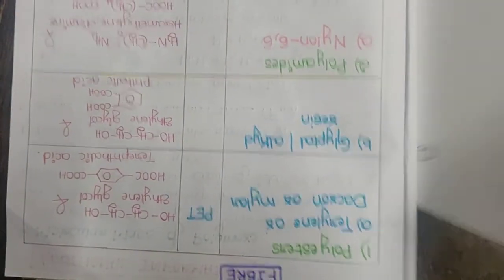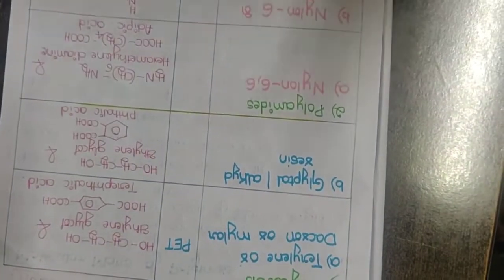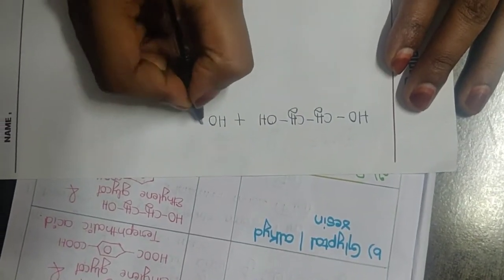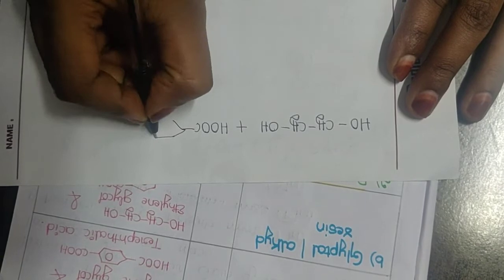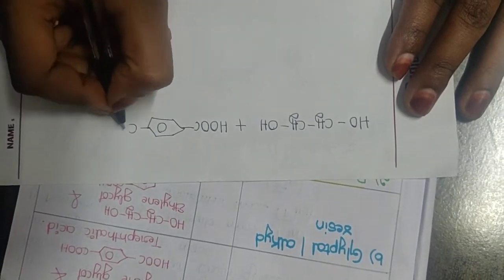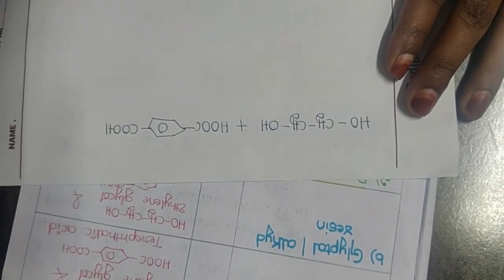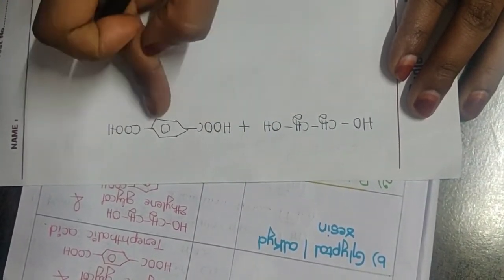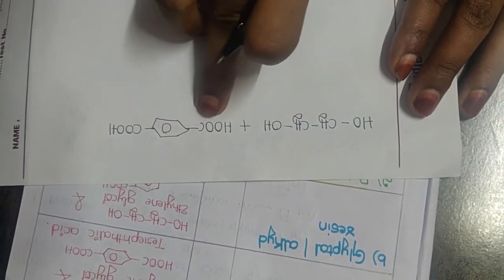So how does the condensation polymerization happen? Let us look here. Take ethylene glycol. What is ethylene glycol? You have two OH groups, CH2OH, CH2OH. Then we have terephthalic acid. Terephthalic acid is nothing but benzene with two carboxylic acids bonded. What do you mean by condensation reaction? I should have two monomers with two different functional groups.